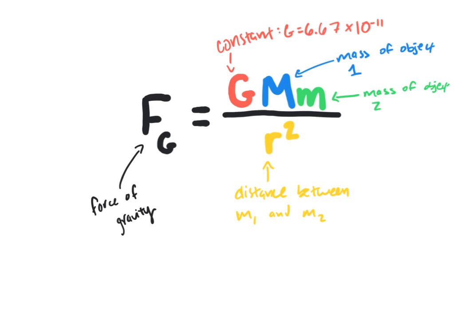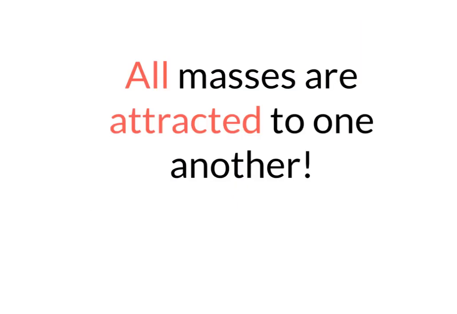Now, the key idea here, guys, is that all masses are attracted to one another. So you are attracted to the floor, you are attracted to your pencil, and you are attracted to the person sitting next to you. Now, this force is going to be very small because remember, G equals 6.67 times 10 to the negative 11th.